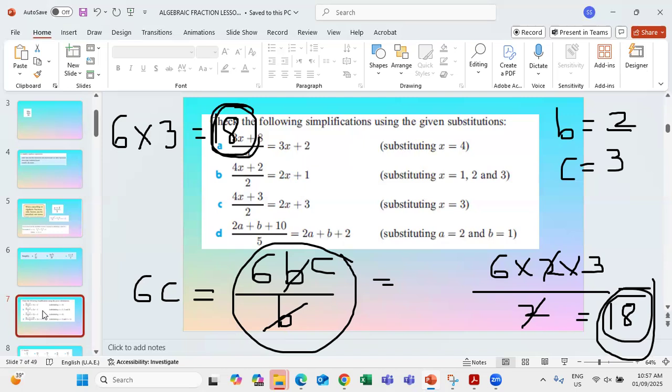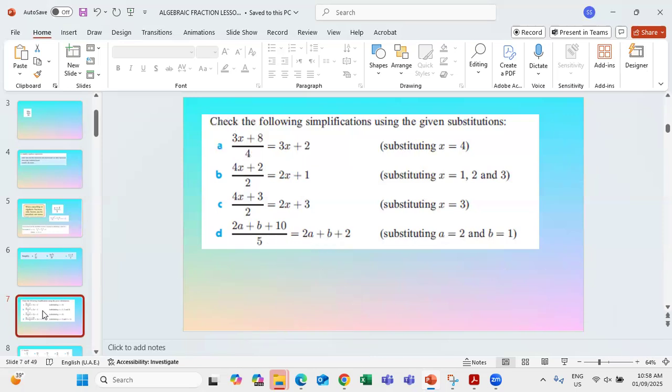So if you have done the simplification correctly, the substitution will produce the same results. Otherwise, not. So we can check through simplification and substitution whether the simplification is correct or not.